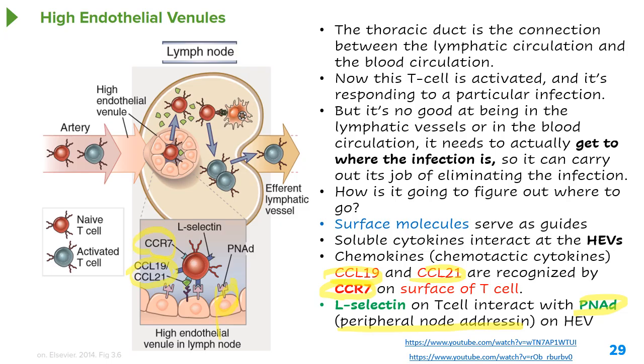CCR7 is going to interact with those cytokines right there. When these interactions are happening, of L-selectin on PNAd and CCR7 with the other signals, this is when you are going to get the signal to go through the high endothelial venule and reach your lymph node.